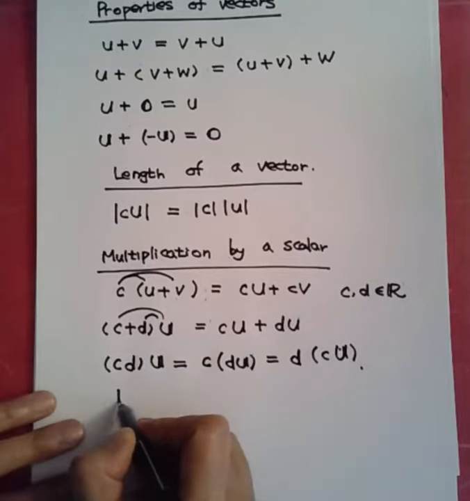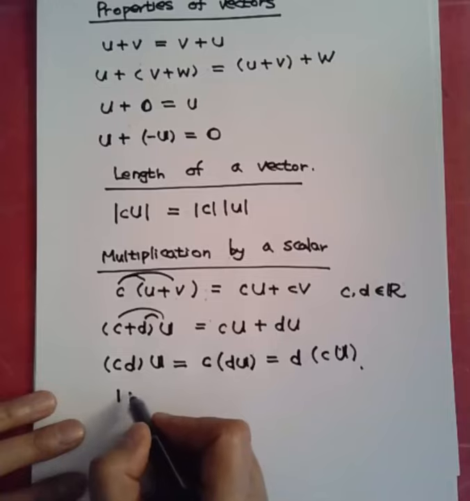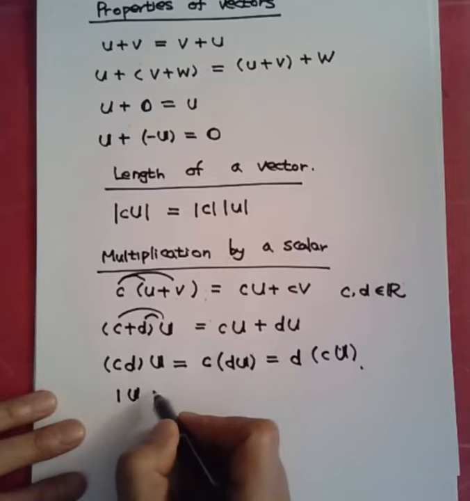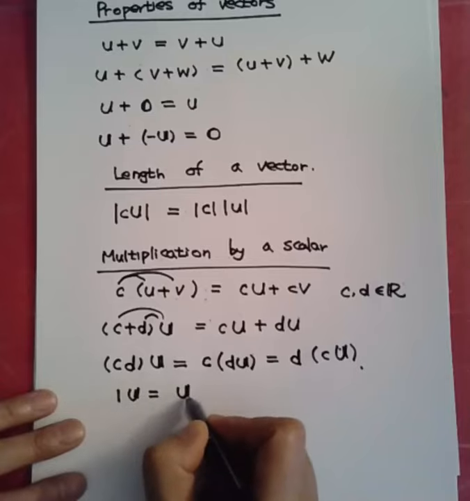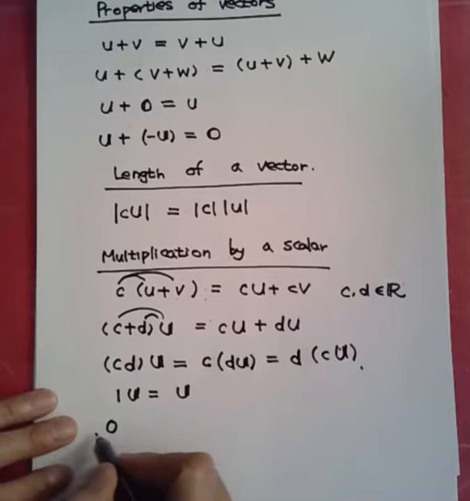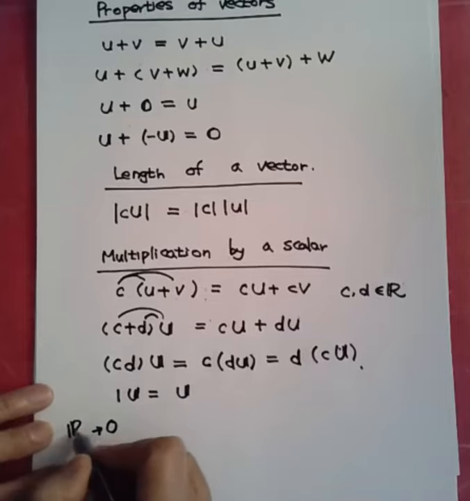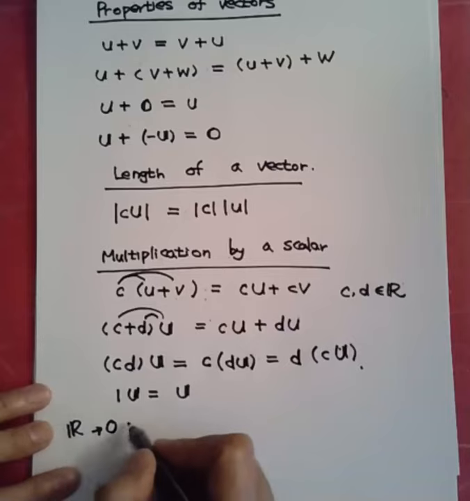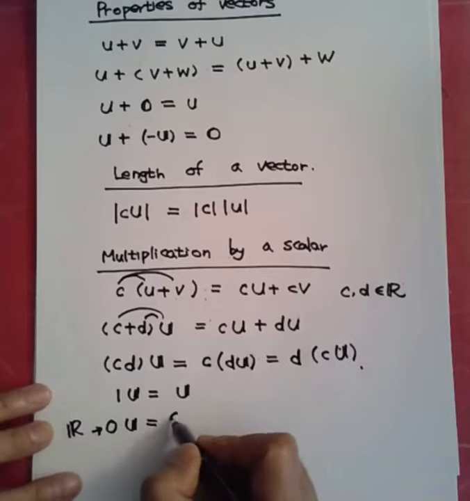If we multiply the scalar 1 by u, then that is the vector itself. If we multiply 0, which is a real number, times u, then that will become a 0 vector.